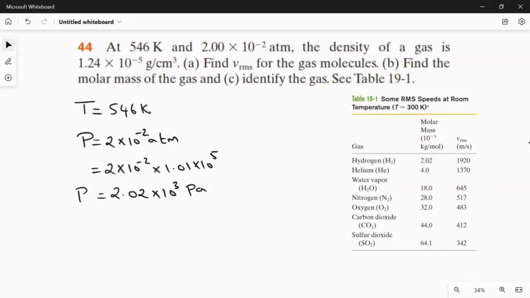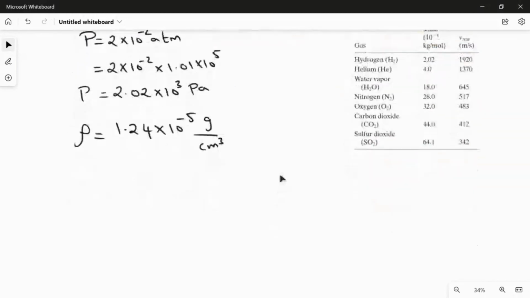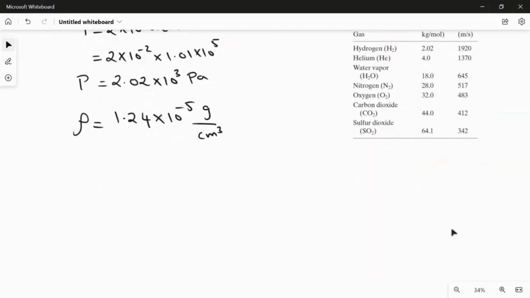Clear? And also the gas density is given here, rho, which takes the value of 1.24 × 10^-5 gram per centimeter cube. Now we have to convert this gram per centimeter cube in terms of kilogram per meter cube. For that we have to do the conversion.